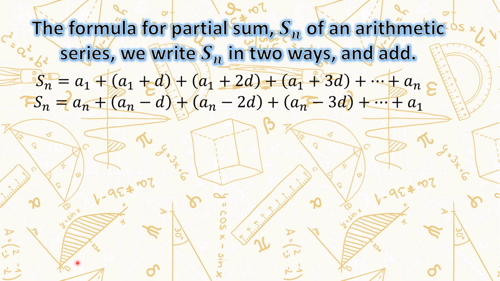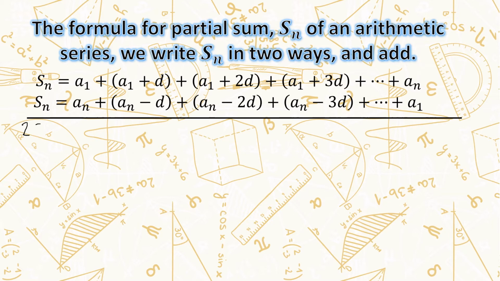Adding the two equations term-wise, we will have 2 S sub n on the left-hand side and A sub 1 plus A sub n plus D plus negative D is 0, so we have another A sub 1 plus A sub n.